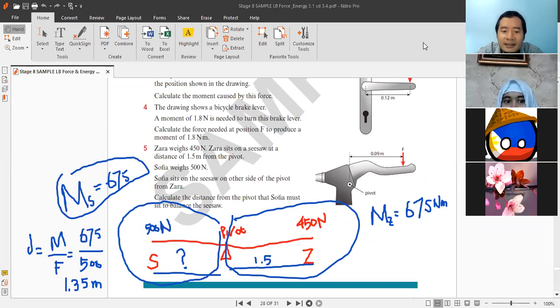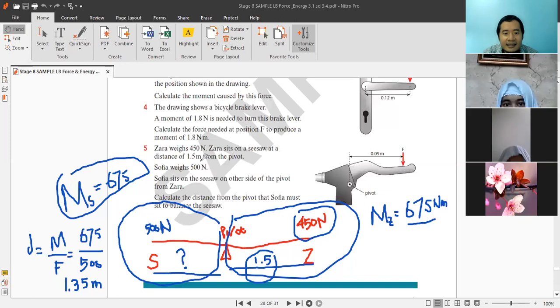Okay, I will repeat. The moment can be found by multiplication between force and distance. So moment is the product of force and the distance between the force point and the pivot point. So 450 times 1.5 is 675.